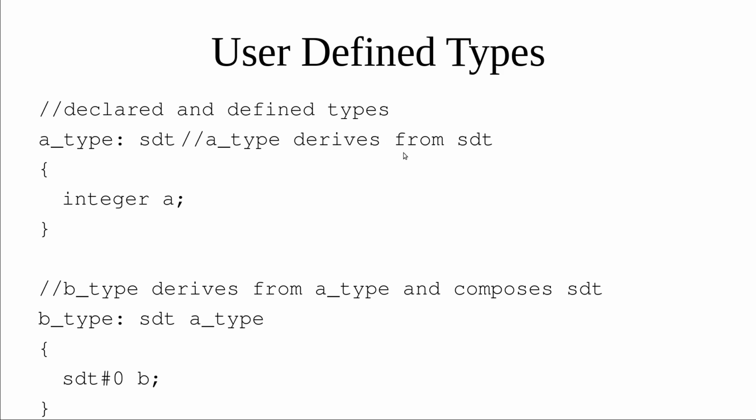And then user-defined types. Now, currently in my design, I have two other abstract types that are below or above, however you want to think about it, DT, that root type. I have SDT and NDT.